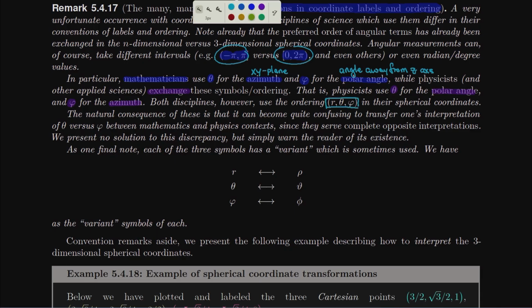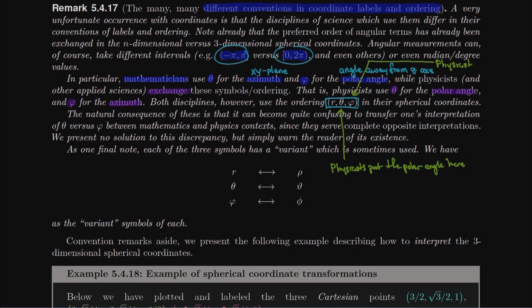So for physicists the ordering is the same symbolically, but they put the polar angle here and still use theta as the symbol, and they put the azimuth here and still use phi as the azimuth symbol.